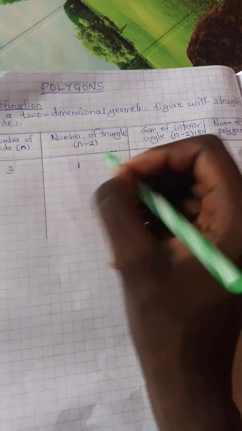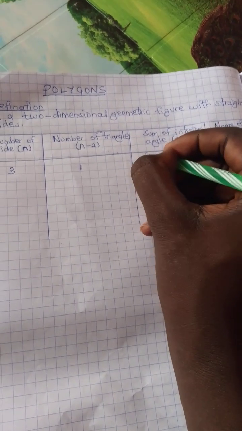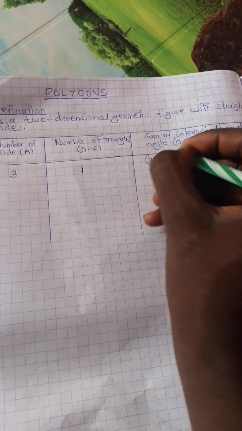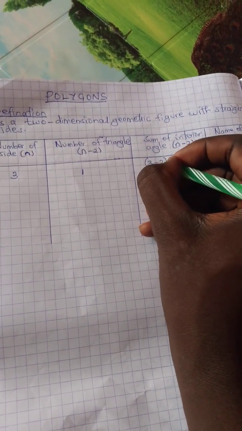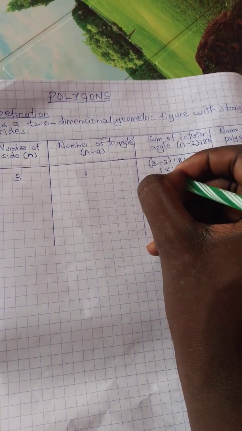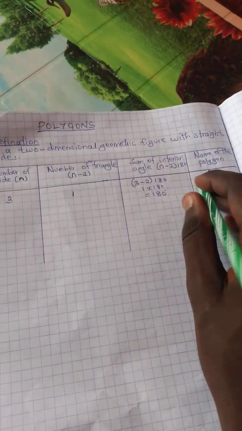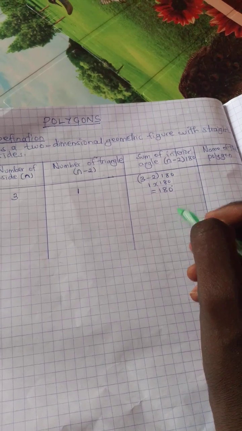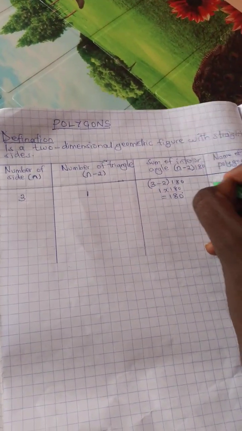Our n was 3, so this will be 1 times 180, which is 180 degrees. Name of the polygon: a polygon which has three sides is a triangle.